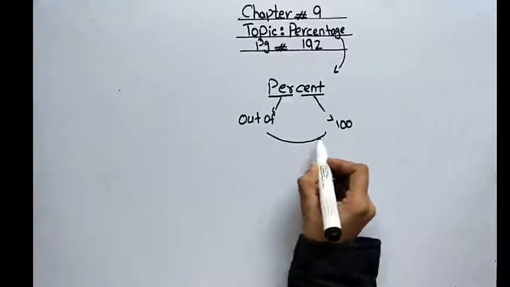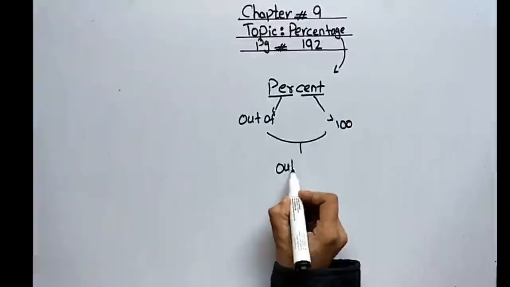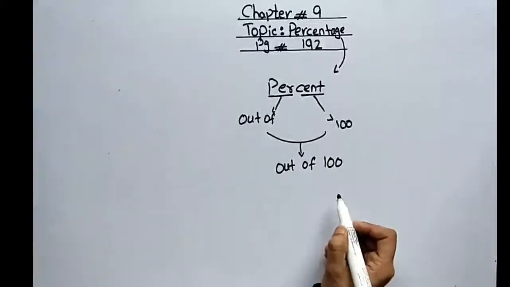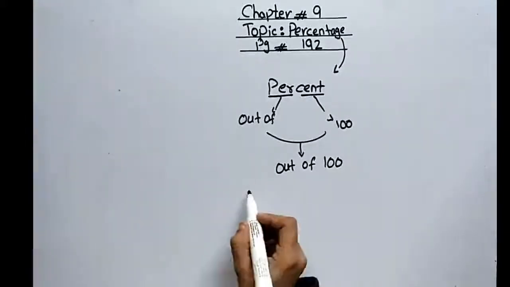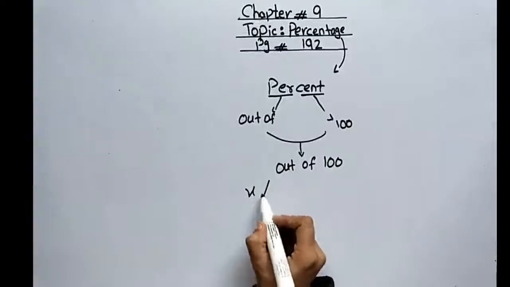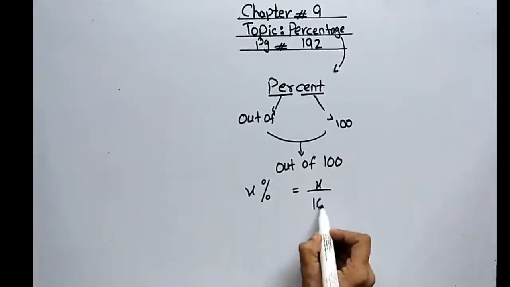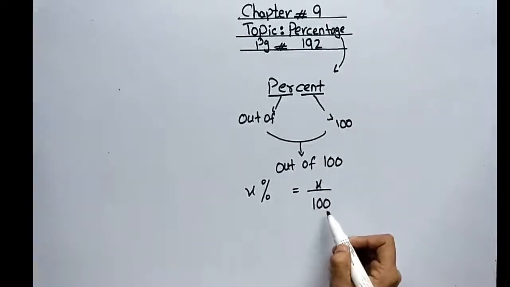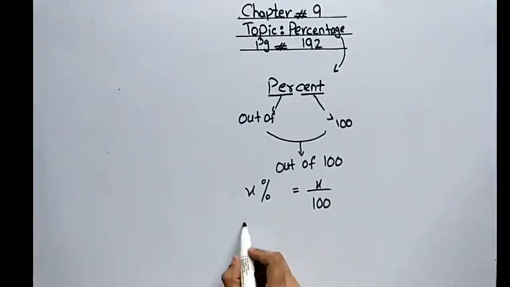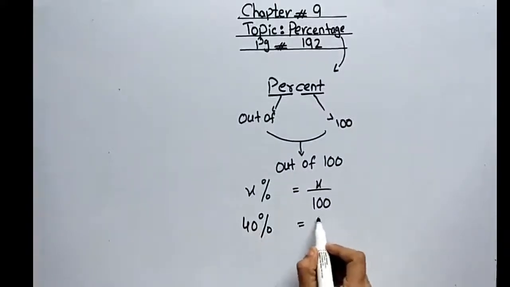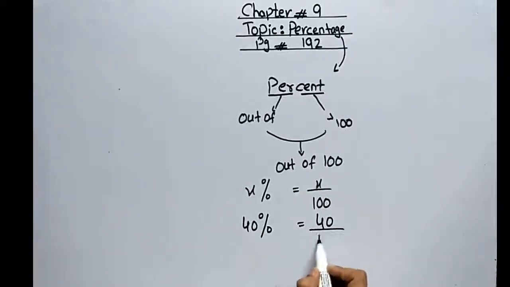So percent means out of 100. Let's suppose x percent can be written as x by 100, meaning x out of 100. Or if a number is 40%, it can be written in fraction form as 40 out of 100.